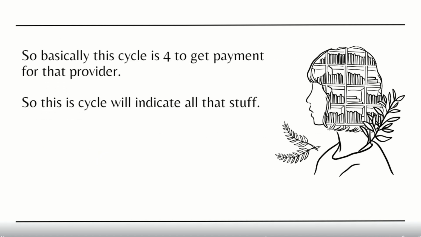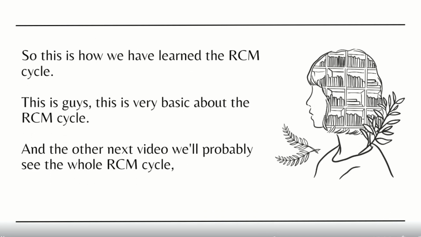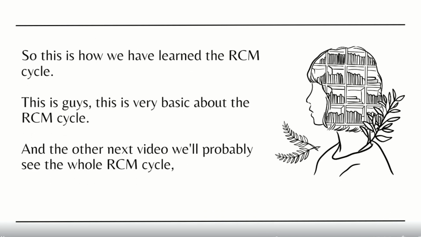Basically, this cycle is to get payment for the provider. This is how we have learned the RCM cycle. This is very basic; in the next video, we'll probably see the whole RCM cycle.